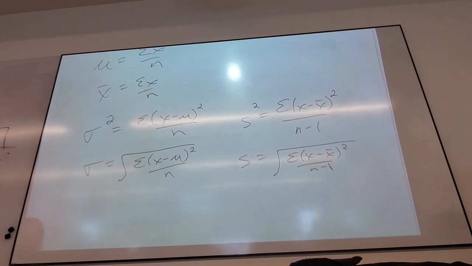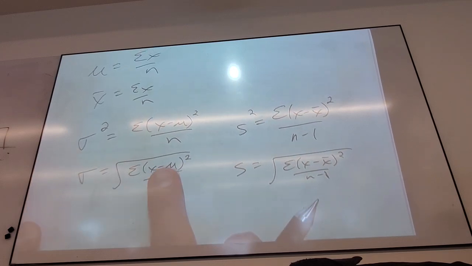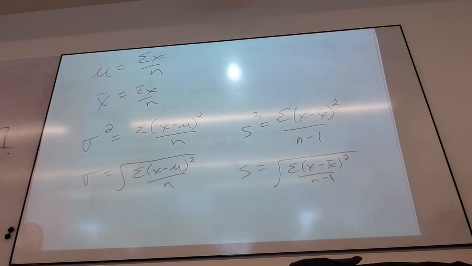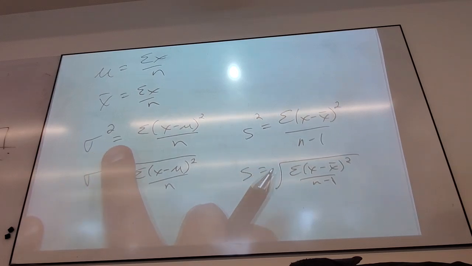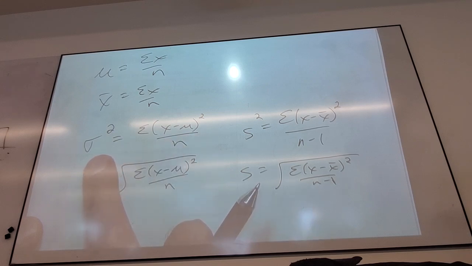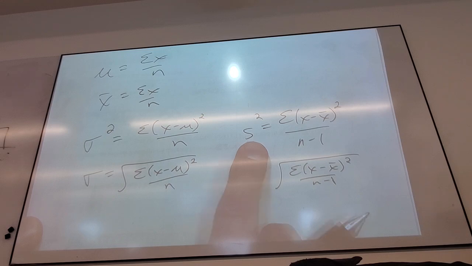So the top one is for finding, what is this for? Be very specific. Or tell me anything. What is this formula for? Variance. Variance of a population. What is this for? Variance of a sample. This is the standard deviation of a population.